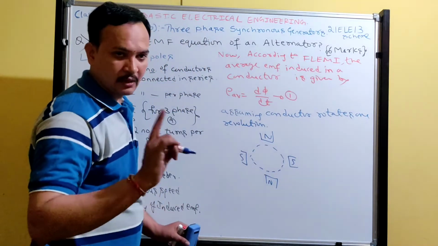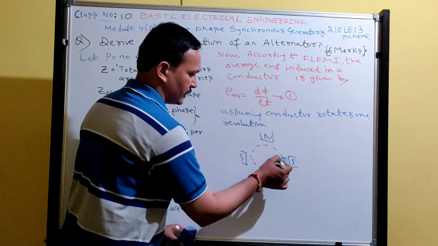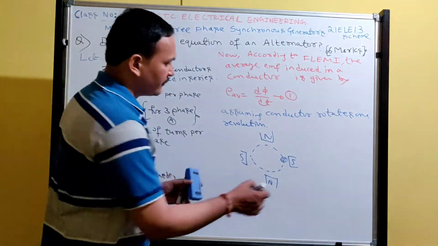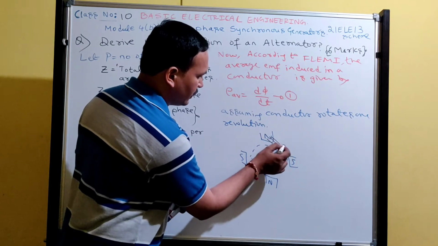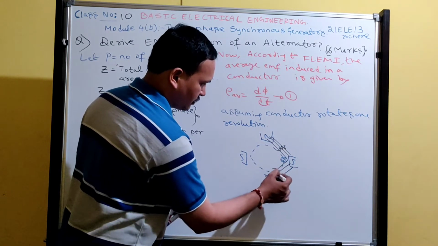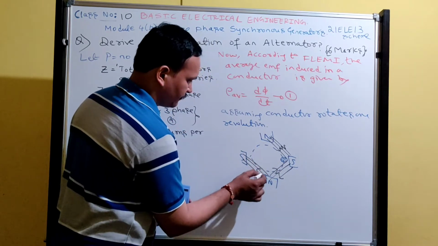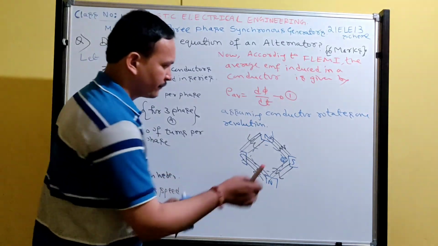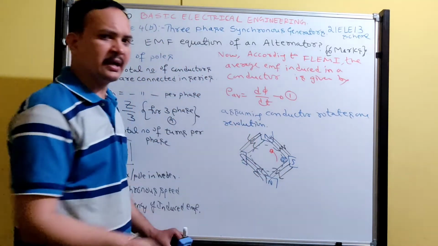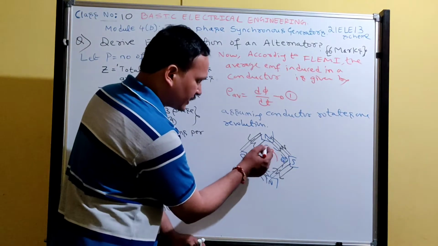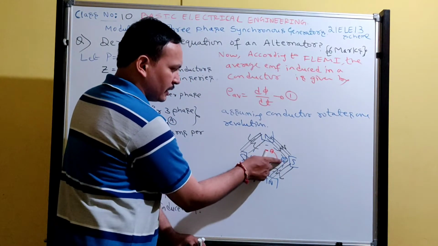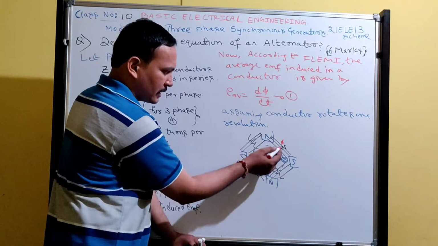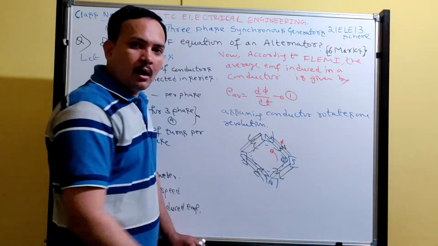See, now I am taking one conductor, and assuming this conductor rotates 1 revolution. Between the poles there will be lines of flux. Whenever the conductor rotates, either clockwise or anti-clockwise, whatever it may be, when it rotates 1 revolution, this conductor is going to cut the flux produced by all the poles.